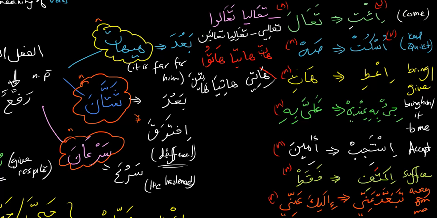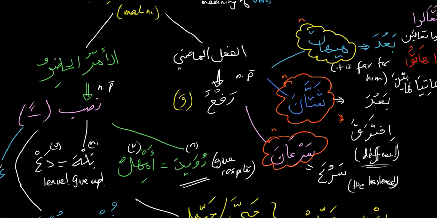So they can change from single, dual, and plural. Examples: ya ahl al-kitab ta'alu ila kalimatin, and fata'alayna umatti'kunna wa usarrih'kunna sarahan jamila. So that's it for this section on nouns that are mabni.